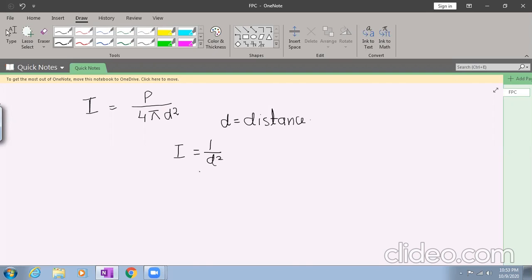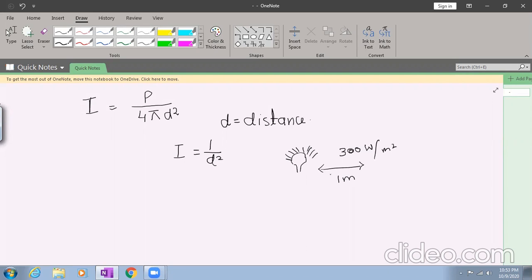So what does it mean? Let's suppose I have a light source, and that light source is 1 meter away. I'm considering this distance, 1 meter away, and the light intensity is, for example, 300 watt per meter square.